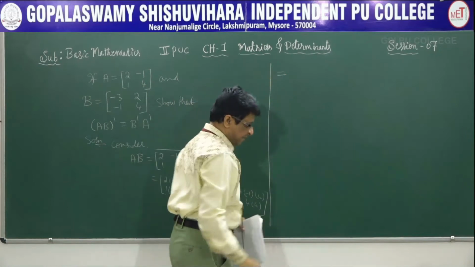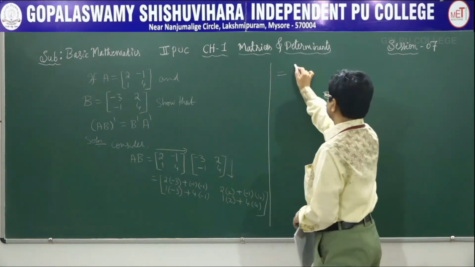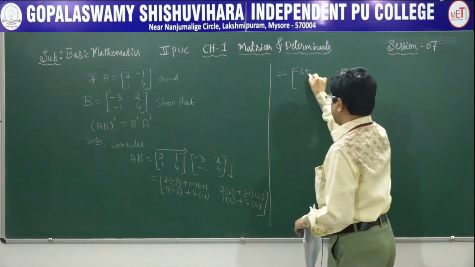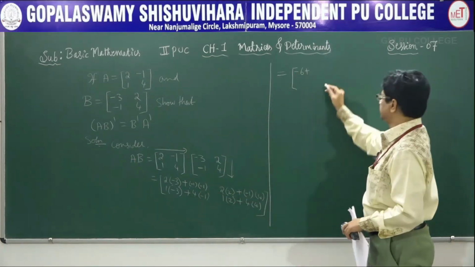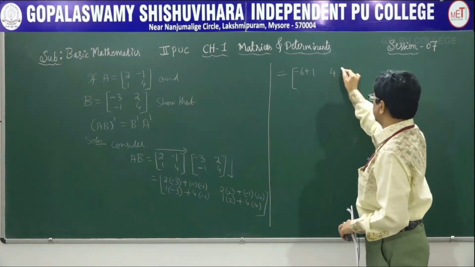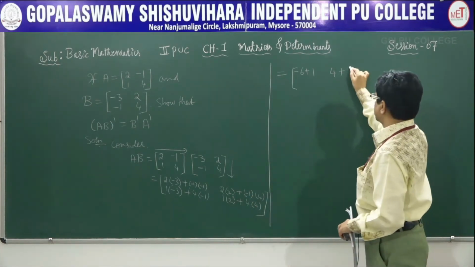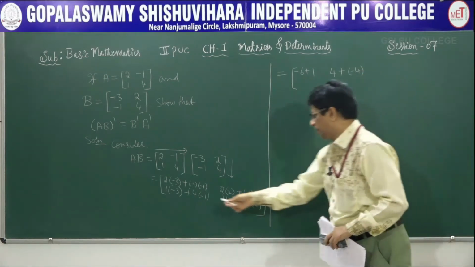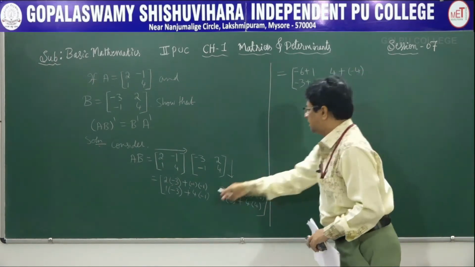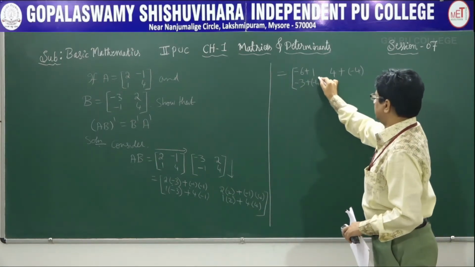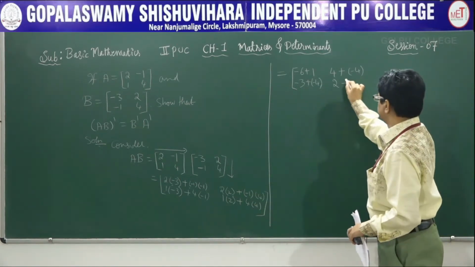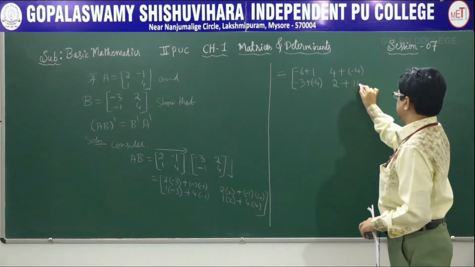So, that will be equal to 2 into minus 3 minus 6 plus minus 1 into minus 1 plus 1. 2 into 2 4 plus minus 1 into 4 minus 4. 1 into minus 3 minus 3 plus 4 into minus 1 minus 4. 1 into 2 2 plus 4 into 4 16.